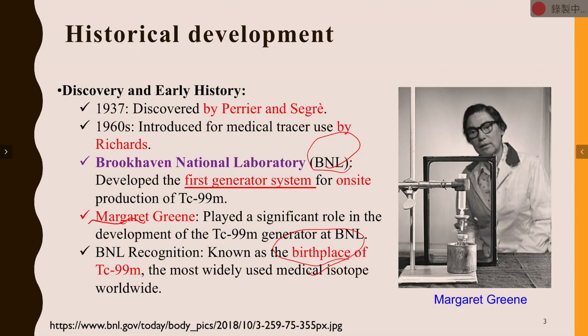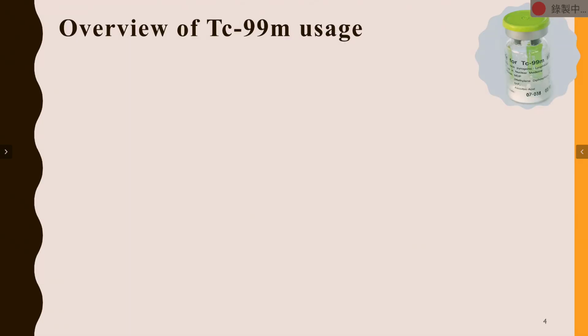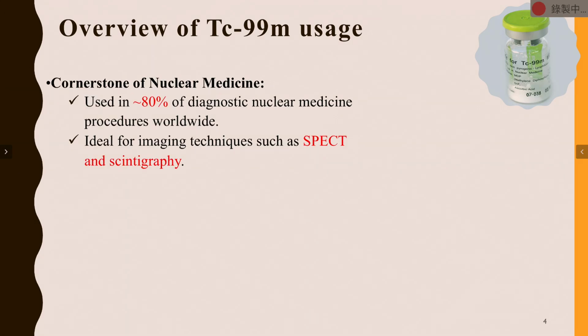And the overview of Tc-99m usage. Tc-99m is the cornerstone of nuclear medicine, widely utilized in approximately 80% of diagnostic nuclear medicine procedures worldwide. It is particularly suited for imaging techniques such as SPECT and scintigraphy.